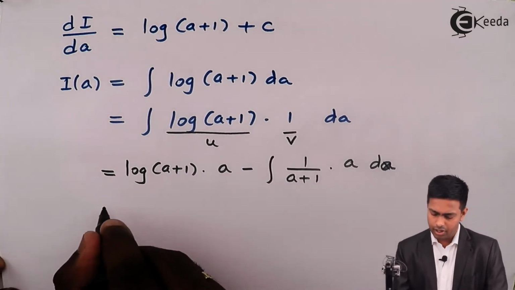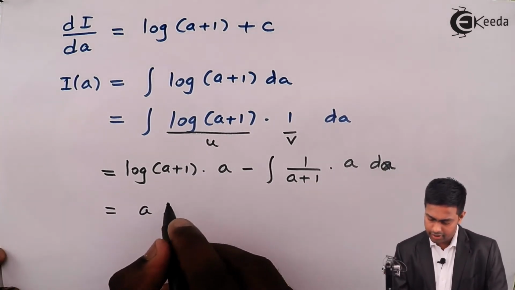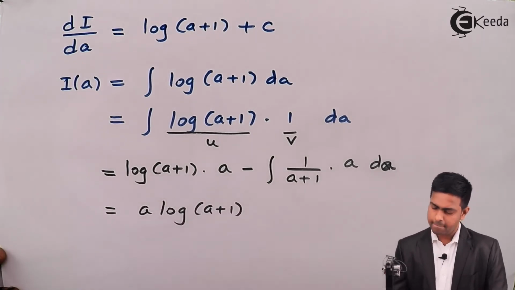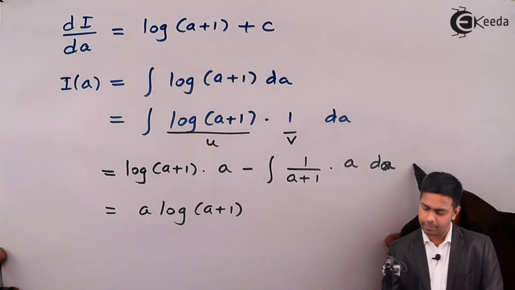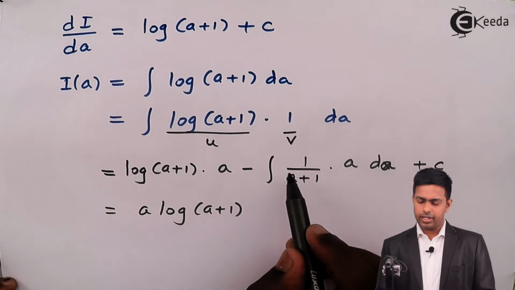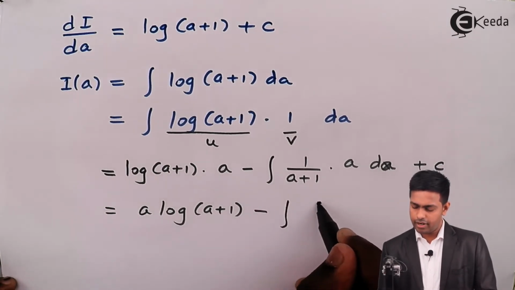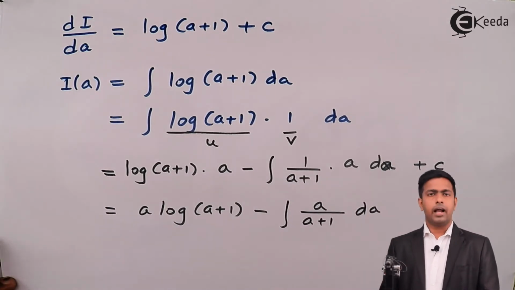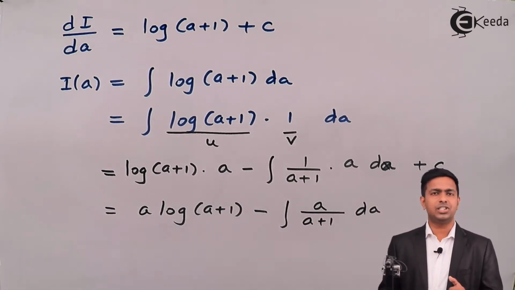Now here we got a log of a plus 1, and obviously here we will be getting plus c since we are integrating. Now what is the integration of a upon a plus 1 dA? And to get that, we will do the adjustment over here.